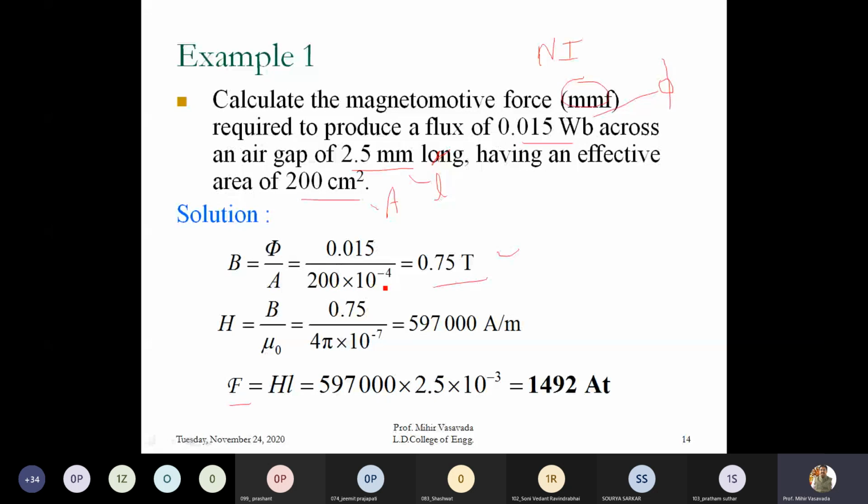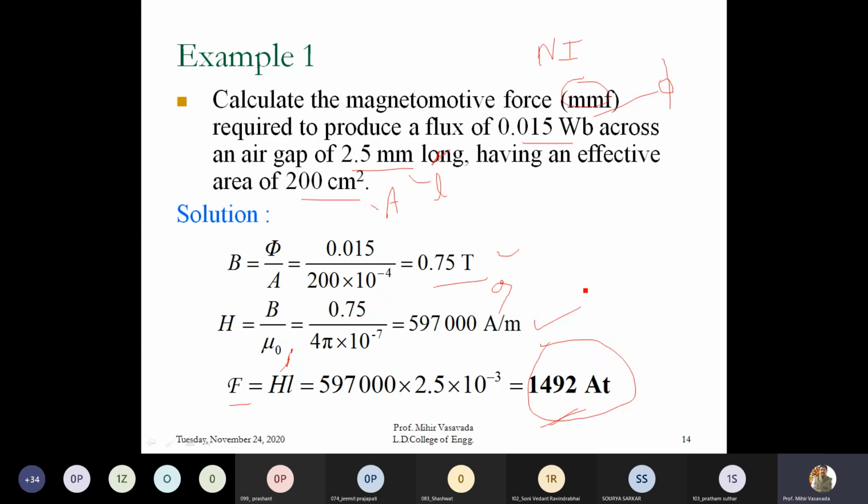Then calculate H as B by mu, right? Because only the air gap is given. If other material is given, then they generally give its mu r. For example, mu r of iron is this. You need to multiply mu 0 and mu r to find out mu. And then you can use the equation H into L so that you can find out the ampere turns. So the answer is 1492 ampere turns.